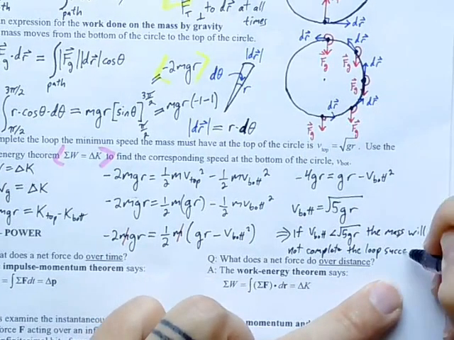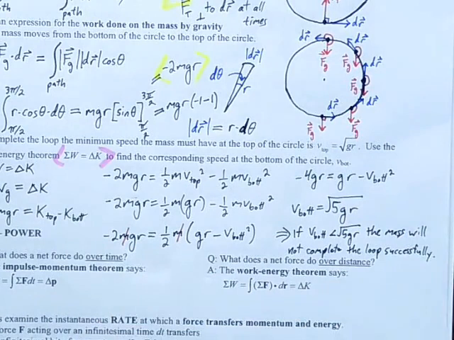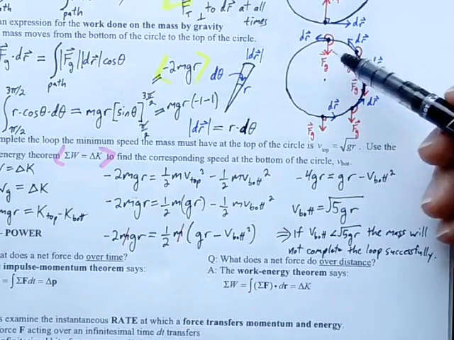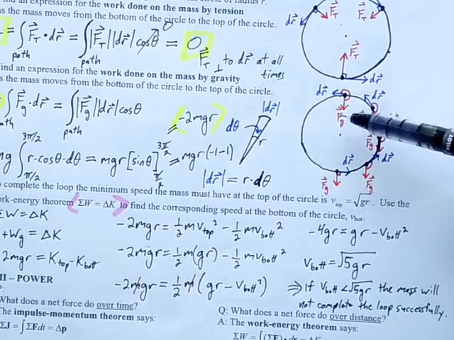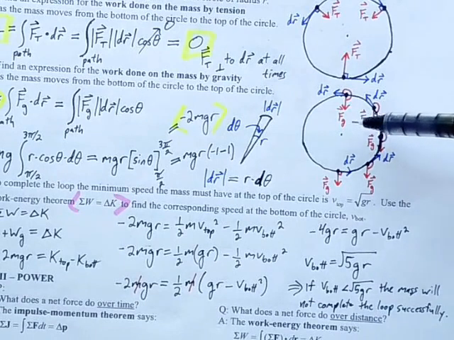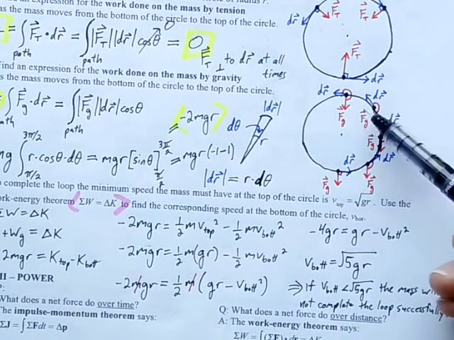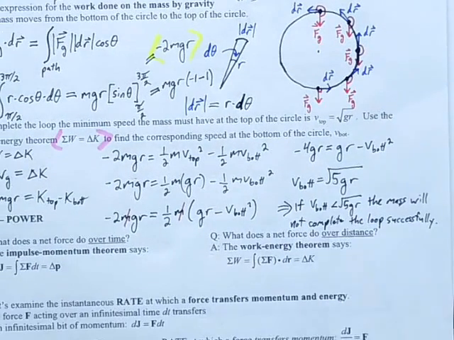The string will go slack and the mass will fall off the circular path before it gets to the top. And then, if there's no longer tension acting on it because the string went slack, then gravity is the only force acting on it, and an object subject only to gravity we say is in a state of free fall. So the path will become parabolic instead of circular if we're not going at least that fast at the bottom.